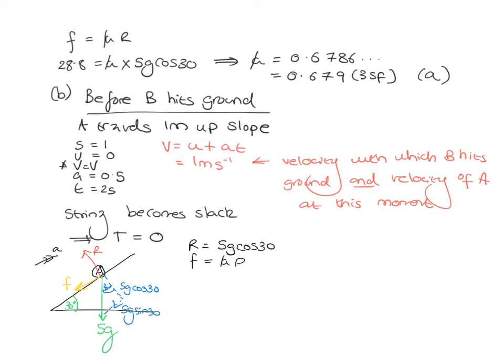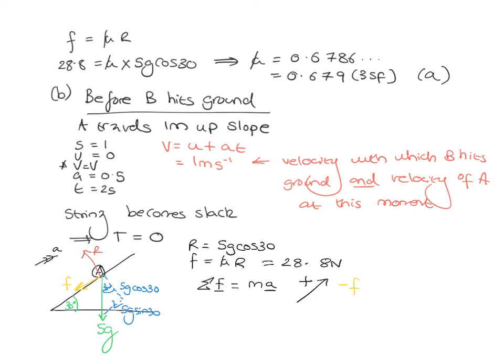F is still equal to mu R, so F still takes its value of 28.8 newtons that we worked out previously. But what has changed is we need to apply F equals ma again, taking up the slope as positive.